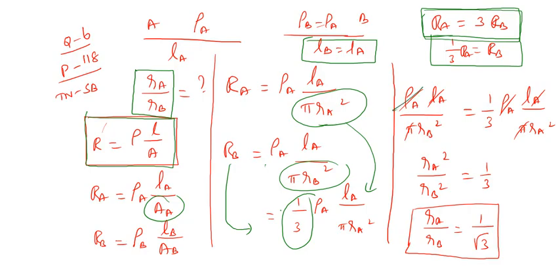Same material, therefore resistivity is getting cancelled. The question mentions that the lengths of the two wires are the same, therefore they get cancelled. Pi is also getting cancelled. Then you get R suffix A square by R suffix B square is equal to 1 by 3. Taking square root on both sides, R suffix A by R suffix B will be 1 by root 3.